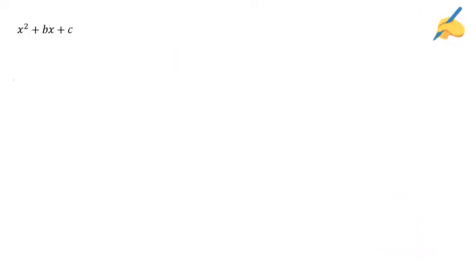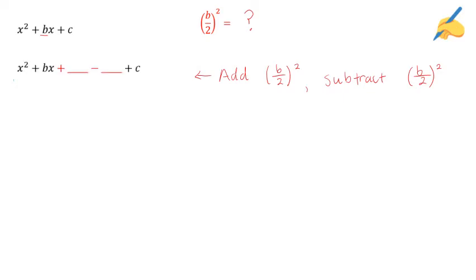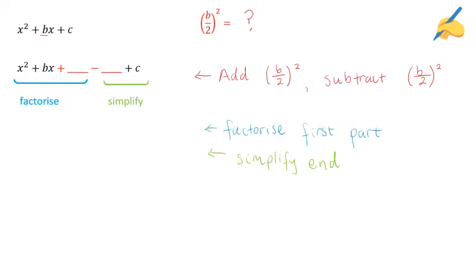This is the formula to follow to complete the square. If you follow this exactly, you should get it right every time. The first step is to figure out what half of b squared equals. So b is the middle part of the expression. Once we've done this, we add half of b squared and subtract half b squared from the equation. We do it in the middle where I've indicated. Next, we factorise the first part of the expression and simplify the end.